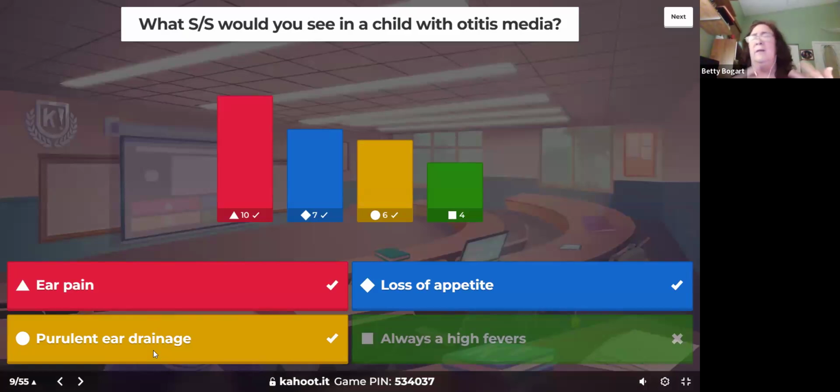They're going to go home probably on amoxicillin or Augmentin or one of those. But it's the pain that really hurts. So you want to take that pain away so they do drink. They don't eat. And sometimes they have this ooey pus dripping out of their ear. So that's what you would see. Now, you don't always have a fever with an ear infection. So that's the difference here with ears.